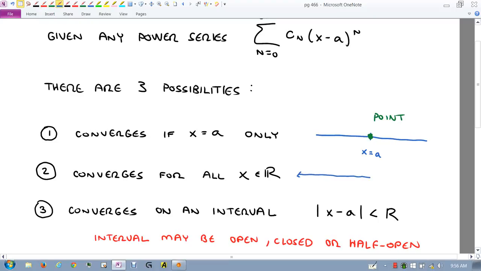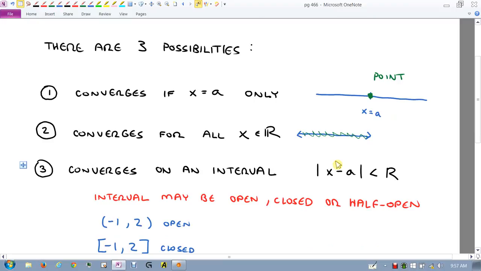It's going to converge on the entire number line, everywhere. Yes? Or the third thing is saying it's going to converge on some interval in here. Now that interval again could be closed, open, or half open, right? That's it. For all power series, you can only have those three possibilities come out.